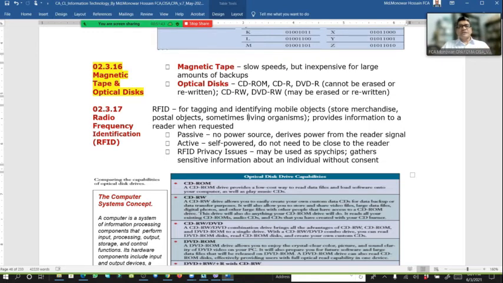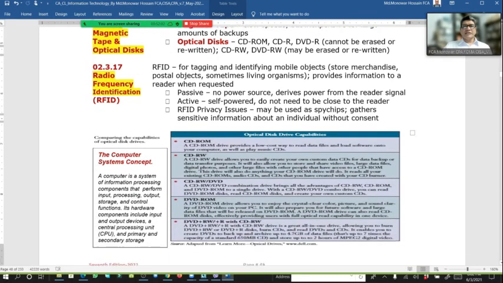Passive has no power source and derives power from the reader signal; active means self-powered. This is the radio frequency technology used in radio or mobile technology.